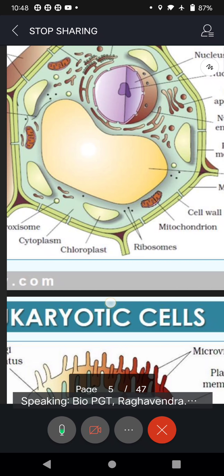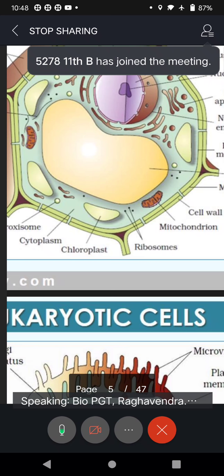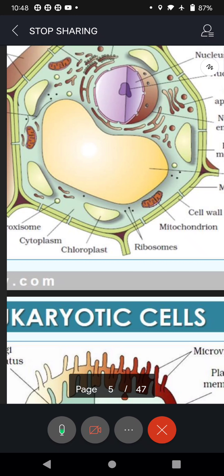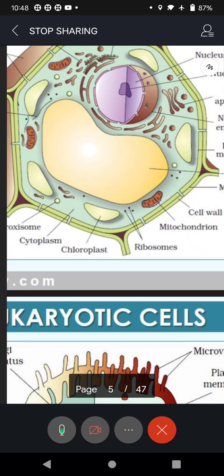Proteins cannot be synthesized. Raghavendra is correct. If proteins are not synthesized, Raghavendra, what happens to the cell? It can't grow. So the cell will have stunted growth. Like this, you must understand each and every label's significance. Then you are perfect in the diagram.